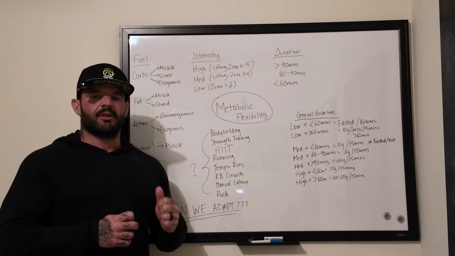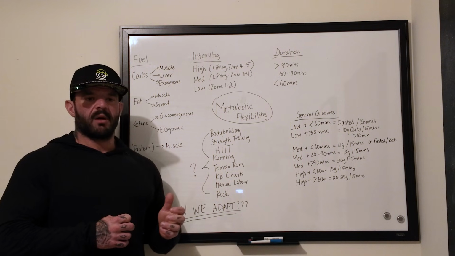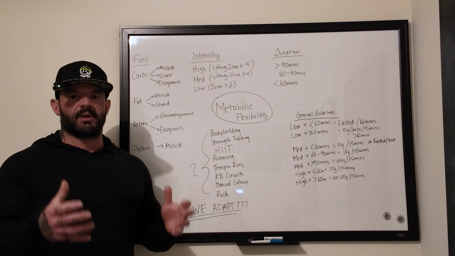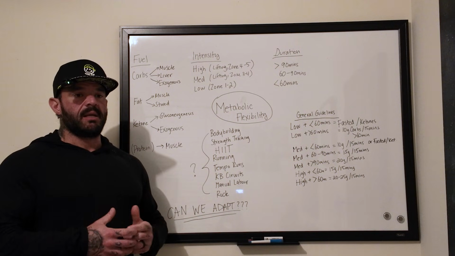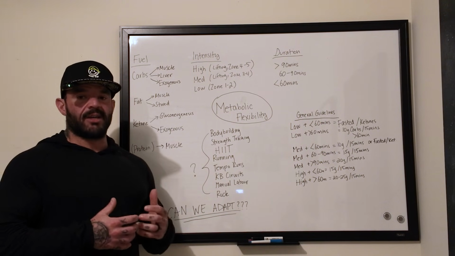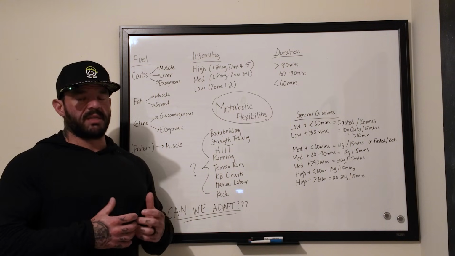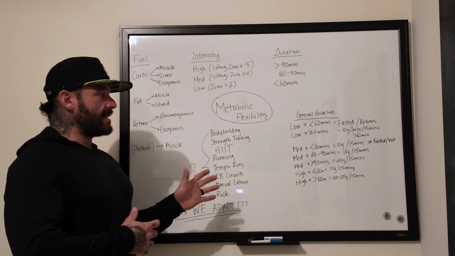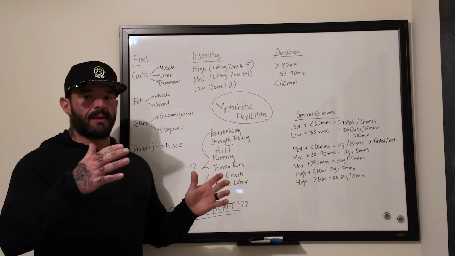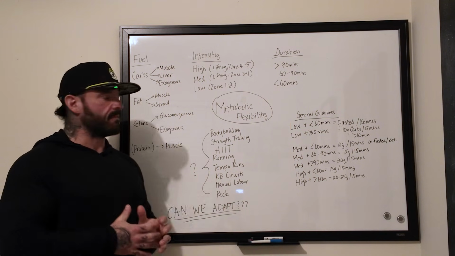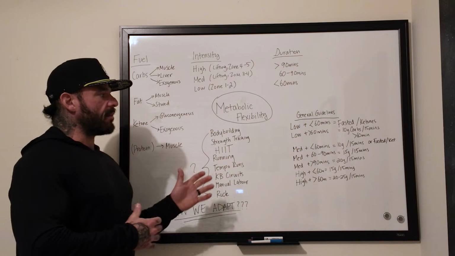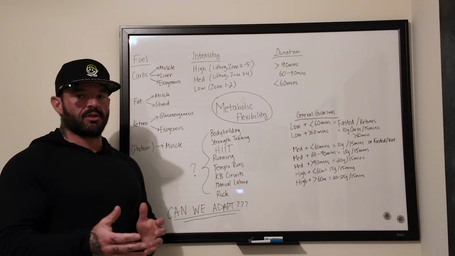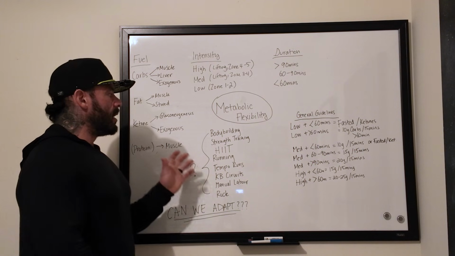The idea here is the more metabolically flexible you are, the more you will bias towards a positive nutrient partitioning situation, meaning the better you will be at utilizing glucose because you will be so insulin sensitive. If we're really good at burning fats, we're probably going to be good at being in a low insulin situation. If we are intaking carbohydrates, we're going to be increasing insulin and therefore being able to leverage it to store glucose.